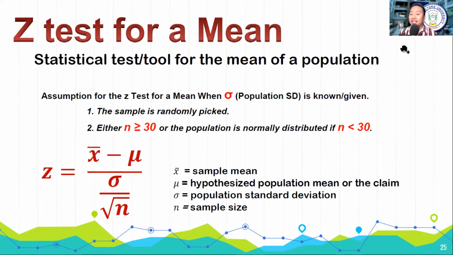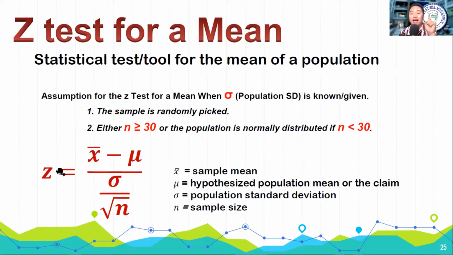First, the sample is randomly picked. Number 2, either n is greater than 30 or the population is normally distributed if n is less than 30. Another thing that you need to consider is that if the population standard deviation is given or known, you're going to be using the z-test.